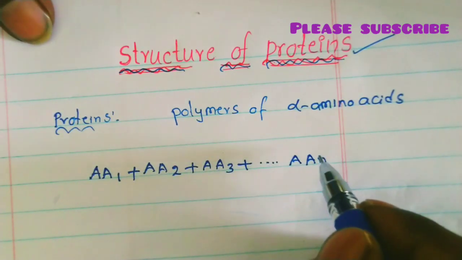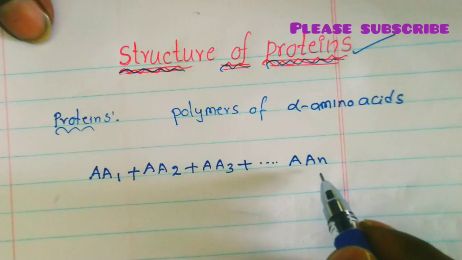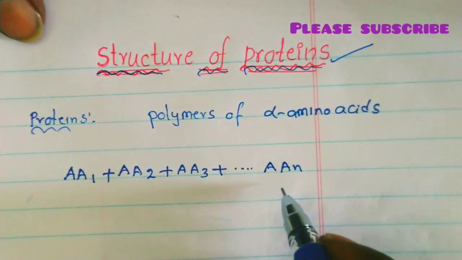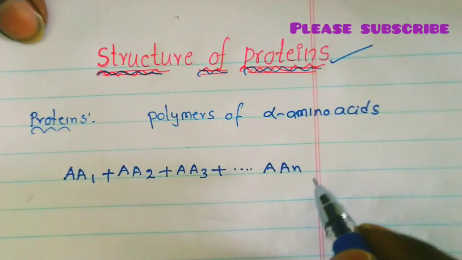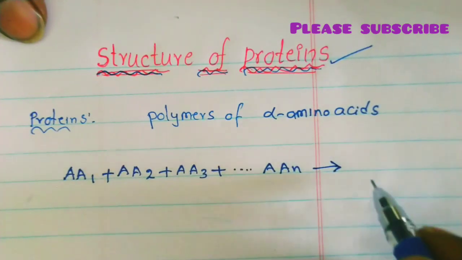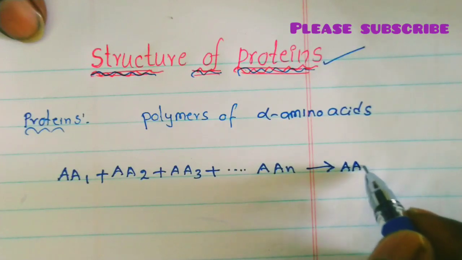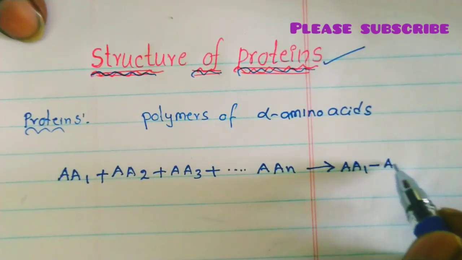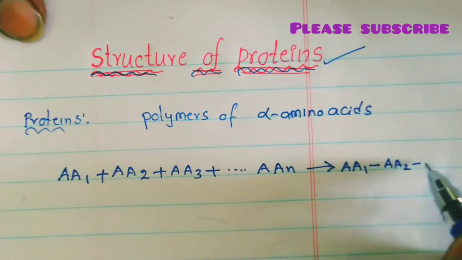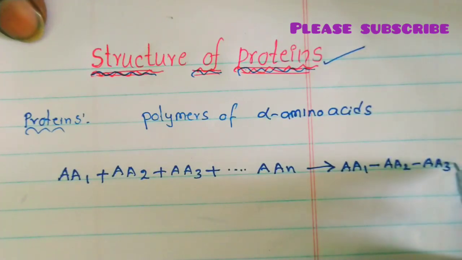Polymers means it is the combination of the monomers. So many monomers are combined together to form a polymer. You will get A1 bond with A2 bond with A3 and so on, AN.